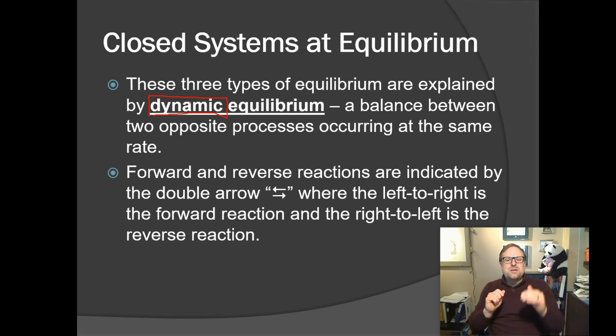There's a balance between liquid turning to gas and gas turning to liquid. There's a balance between dissolved recrystallizing and recrystallized or something crystallized dissolving, right? Or there's a balance between the forward and the reverse reaction, okay? That's what dynamic equilibrium means from this perspective.